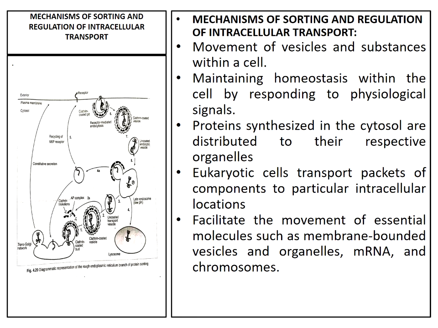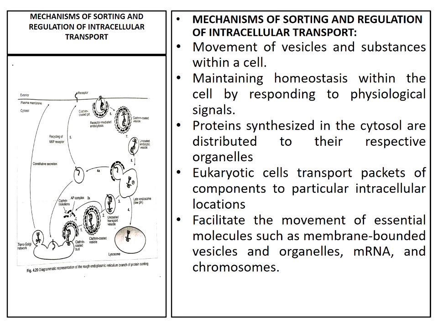So in the cell there is a movement of substances, and we call it intracellular transport, that is within the cell. Intracellular transport is required for maintaining homeostasis within the cell by responding to physiological signals. So here this intracellular transport helps the cell in homeostasis.